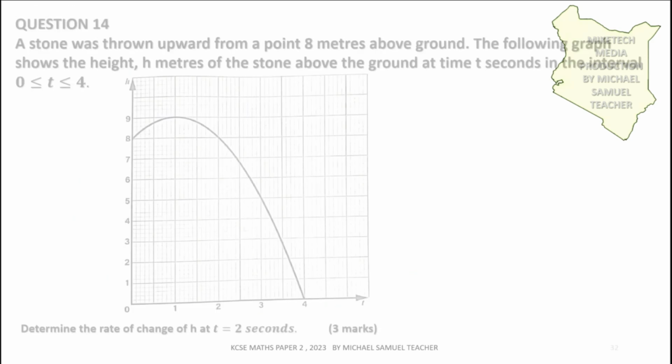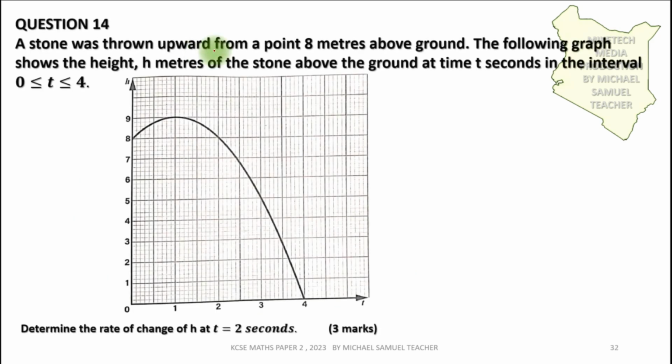Question 14. A stone was drawn upward from a point 8 meters above the ground. The following graph shows the height h meters of the stone above the ground at time t seconds in the interval t is between 0 and 4 included.